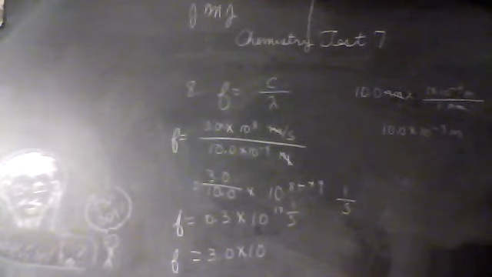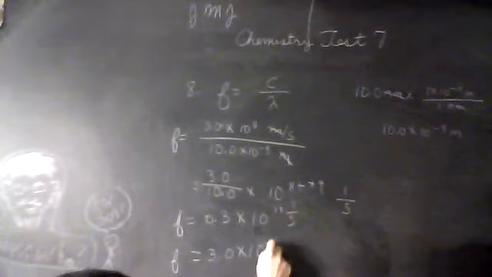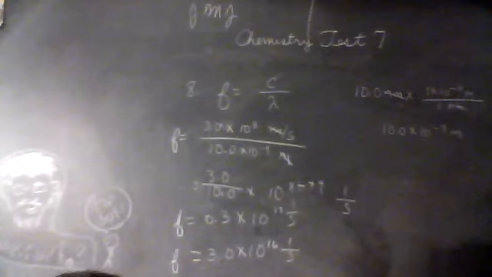I have to take away 1, so it's going to be 10 to the 16th. Sorry about that, students. It's 3.0 times 10 to the 16th, 1 per second.